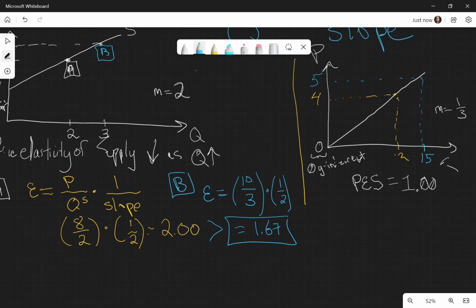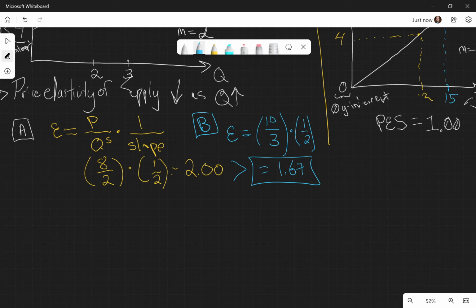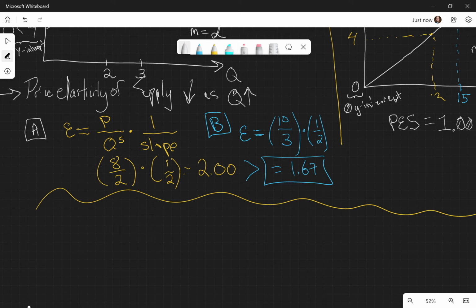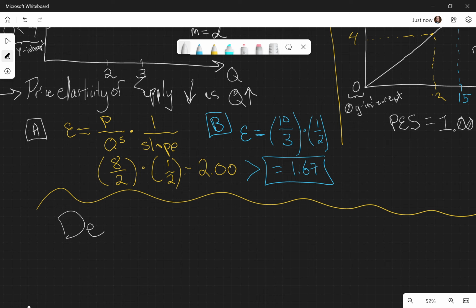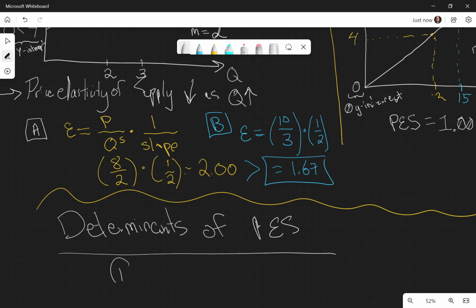So what is determining this price elasticity of supply? This is our last bit of notes, and then we'll do our Kahoots. So the first thing is going to be input flexibility.